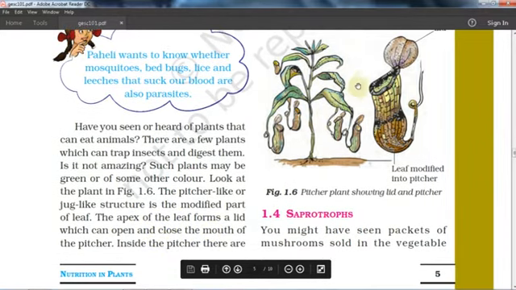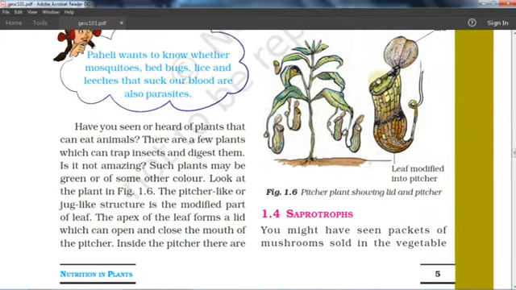So when the insect sits on the brim of this leaf, its feet get stuck in a sticky material over here, and then this lid shuts, and when the insect dies, this plant digests that insect.